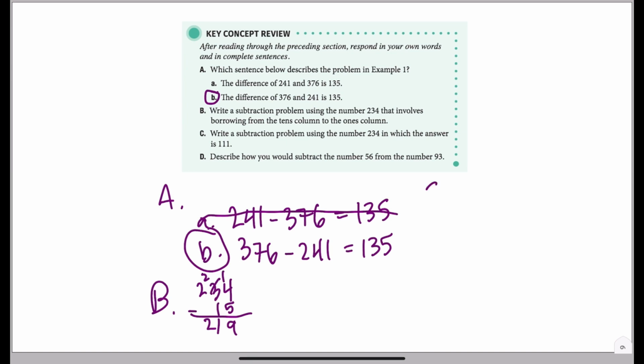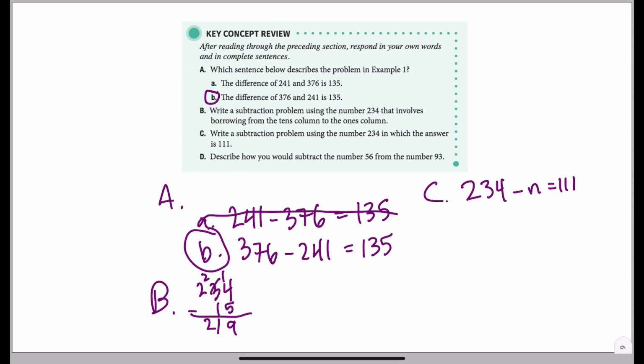For C, write a subtraction problem using the number 234 in which the answer is 111. So, in other words, 234 minus some number equals 111. And of course, you could also do some number n minus 234 gives 111.